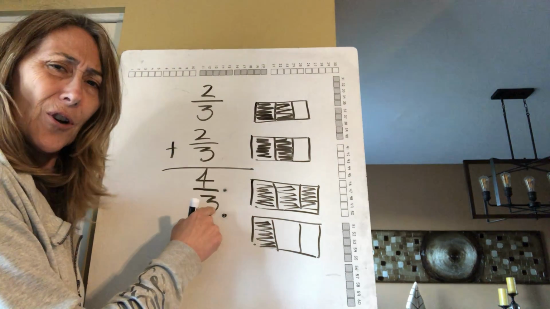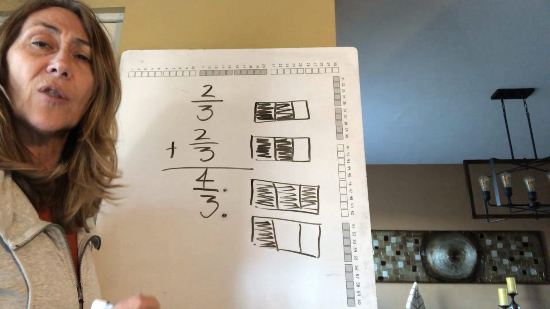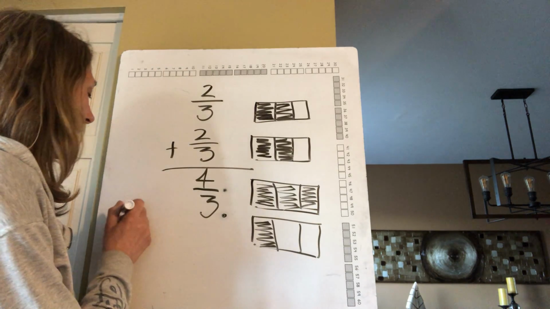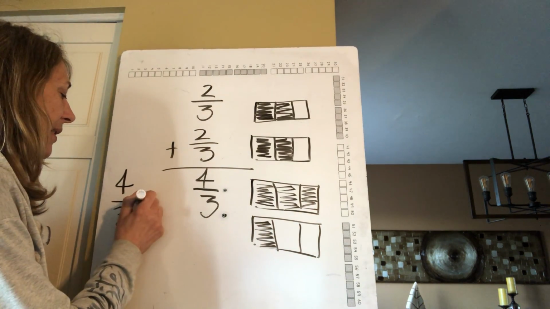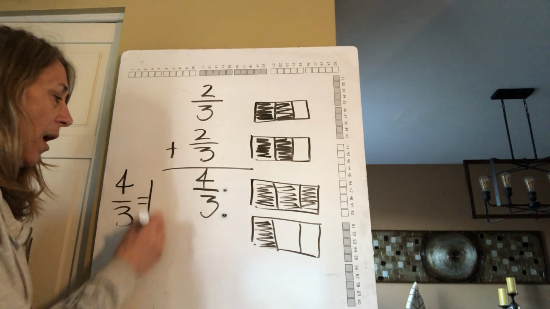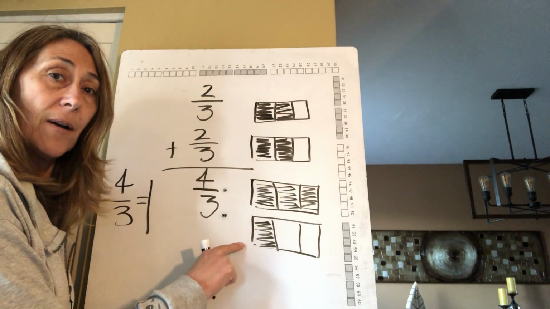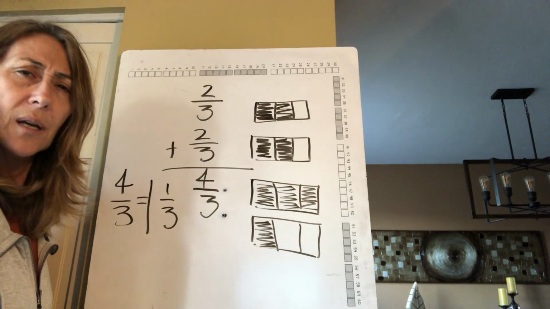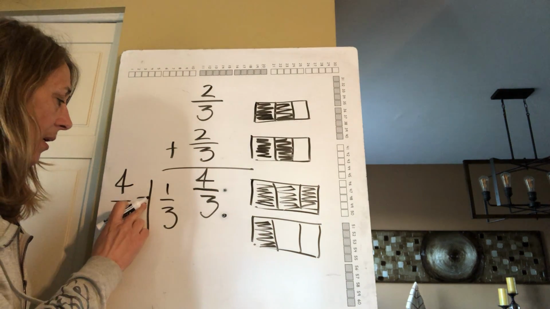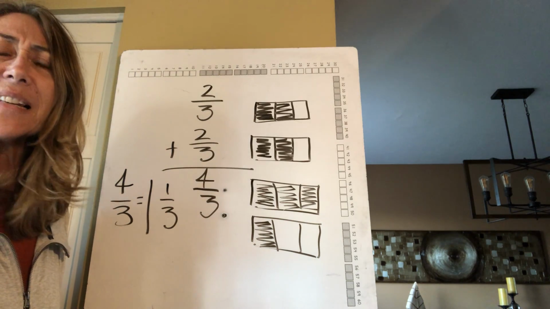So 4/3, which is a fraction greater than a whole, is equal to 1 whole bar and 1/3. 1 and 1/3 is called a mixed number.